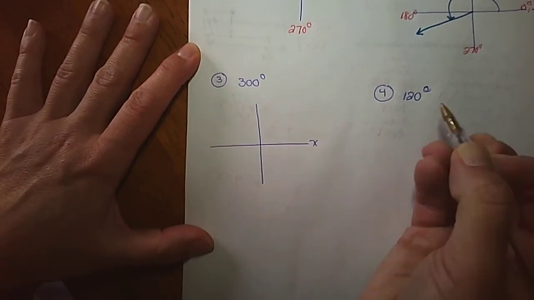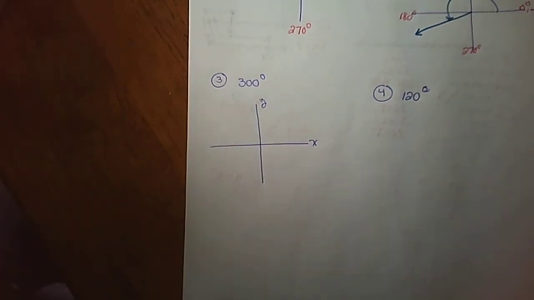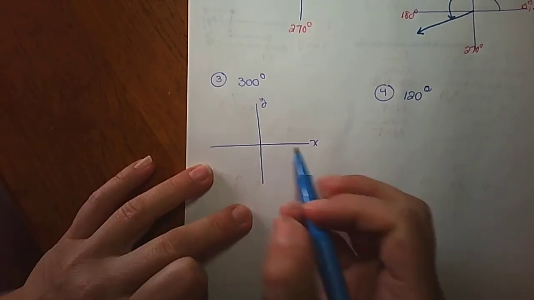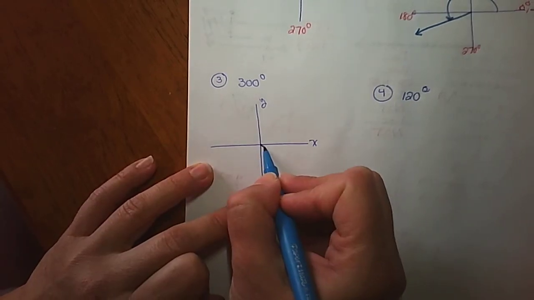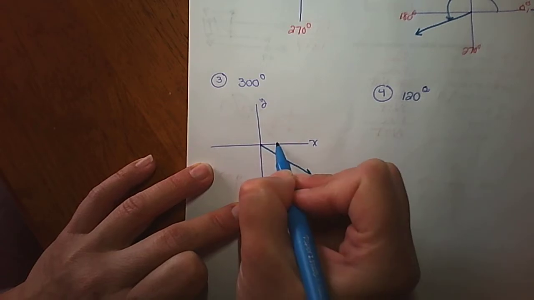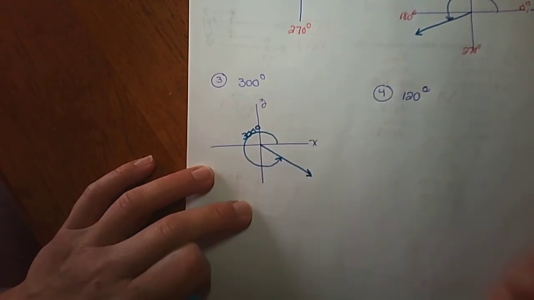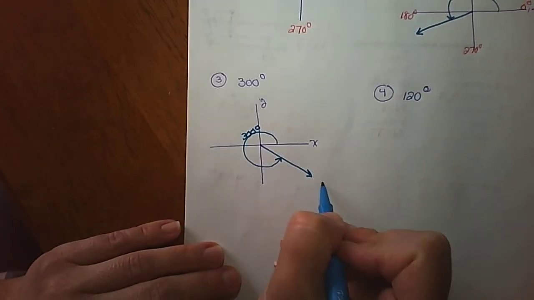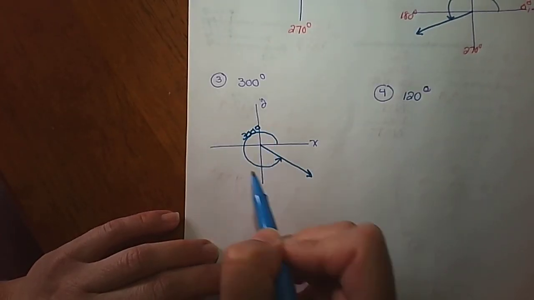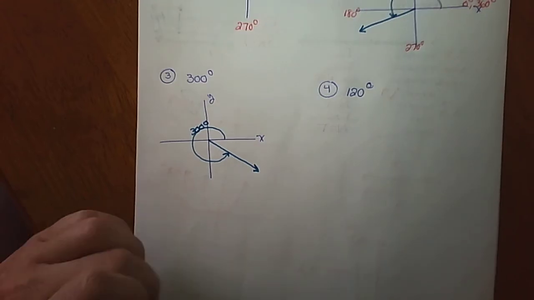Okay, here's X. So 300 would be between 270 and 360, so 300 would be about there. You draw your circle, and you draw 300 on that curve. Or you put 300 right there by the line, but it's always good to draw the curve. You're going to see why in a minute.